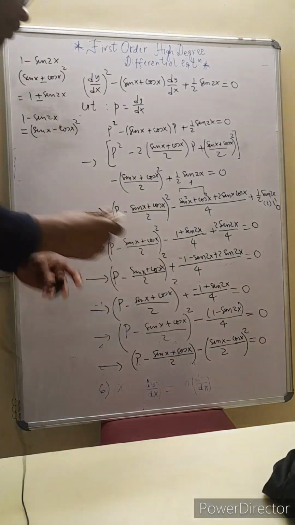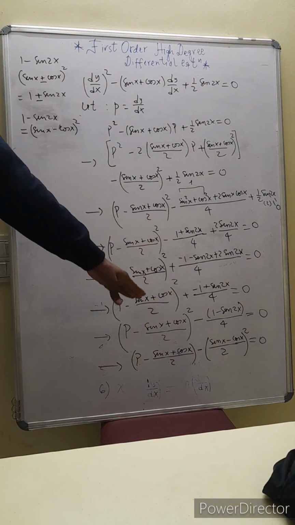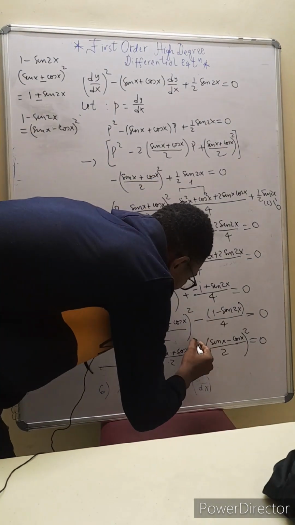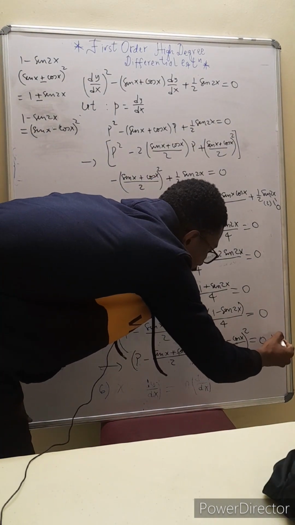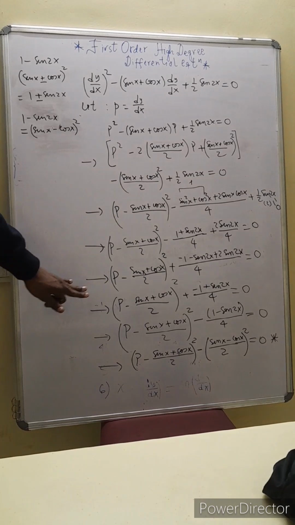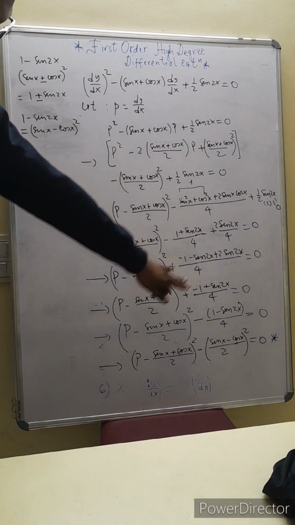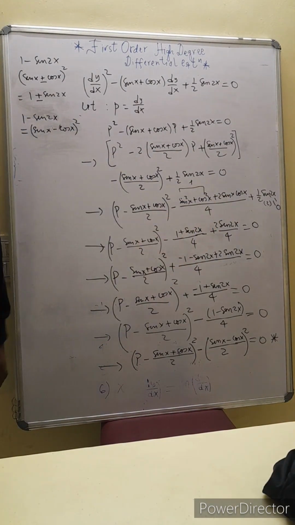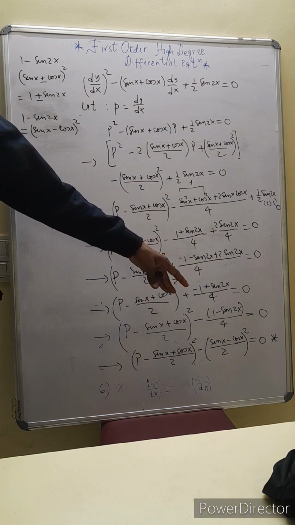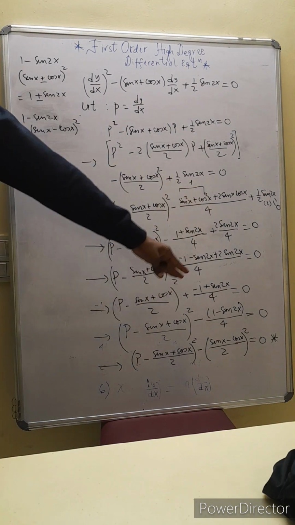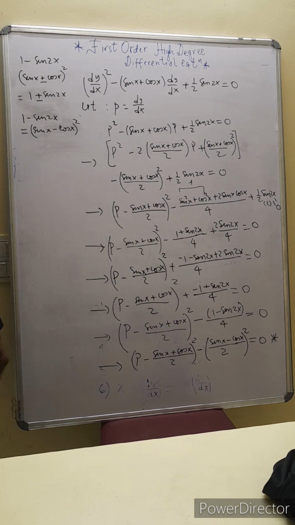So from here, what do we have? If you see it well, it is a difference of quadratics. We have two quadratic expressions, and this is a difference of them.